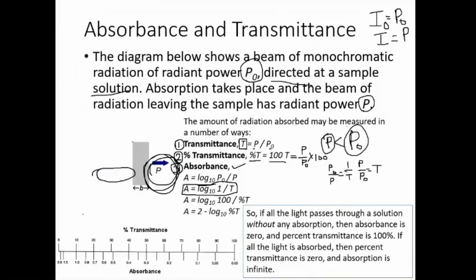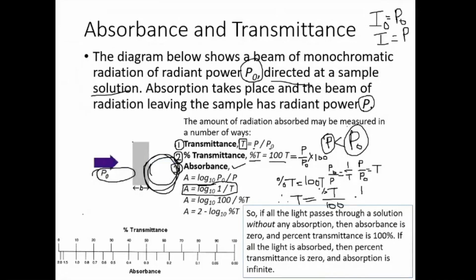Now we can express the similar thing in terms of percentage. Percent T is equal to 100 multiplied by T. So T will be equal to percent T upon 100.